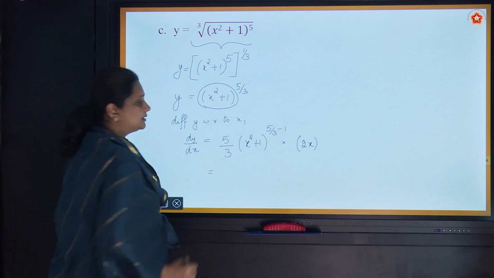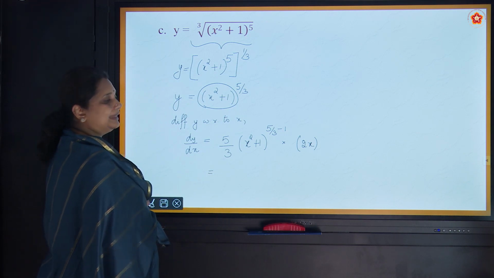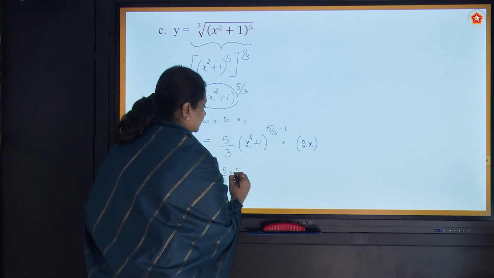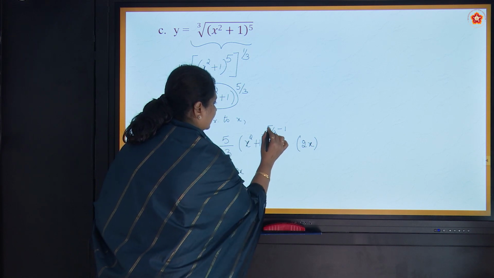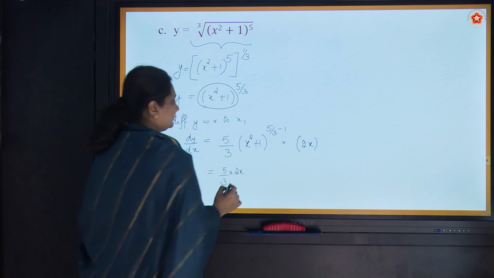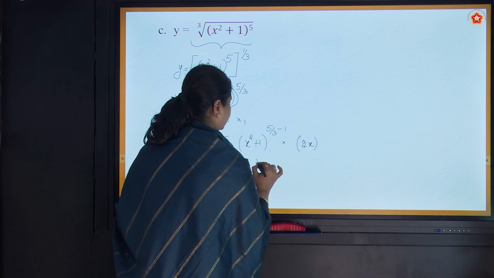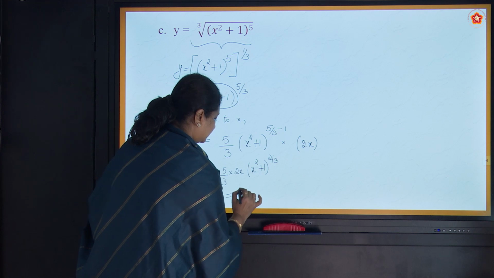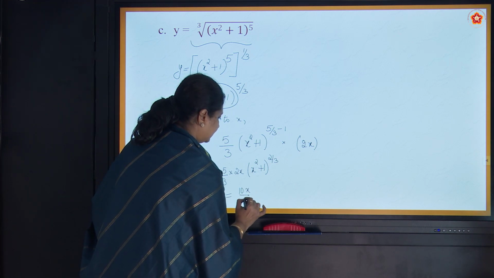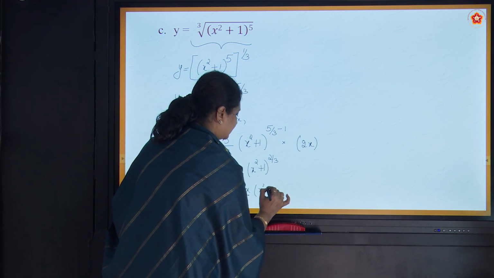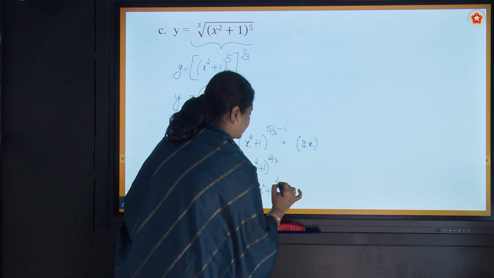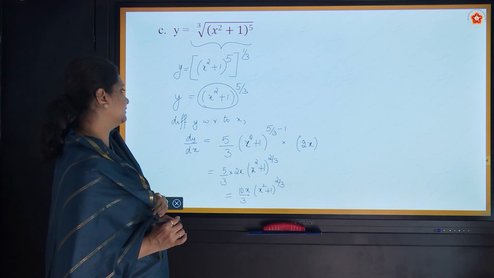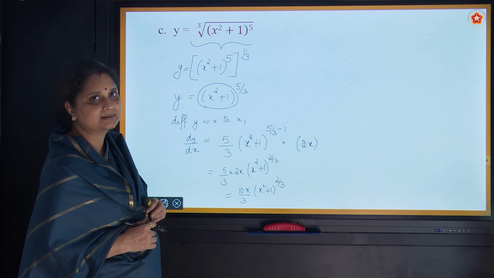If we differentiate x squared plus 1, it's 2x. Now we'll rewrite it, the constant term first, next the monomial, and 5 by 3 minus 1 is 2 by 3, (x squared plus 1), the whole raised to the power 2 by 3. So here it can be rewritten as 10x by 3 into (x squared plus 1), the whole raised to the power 2 by 3. So this is our derivative, dy by dx.